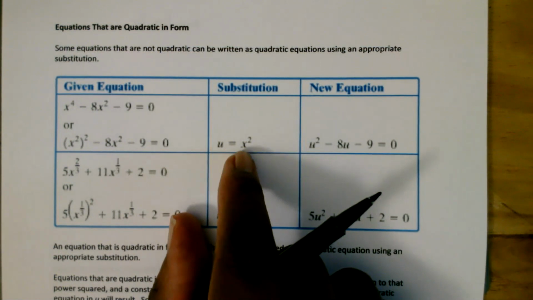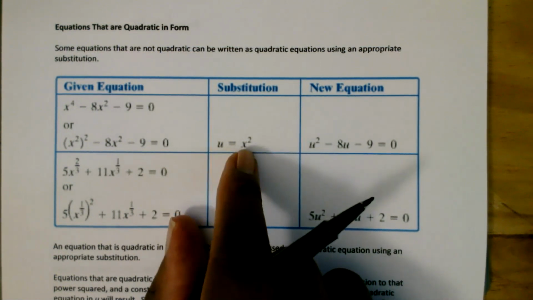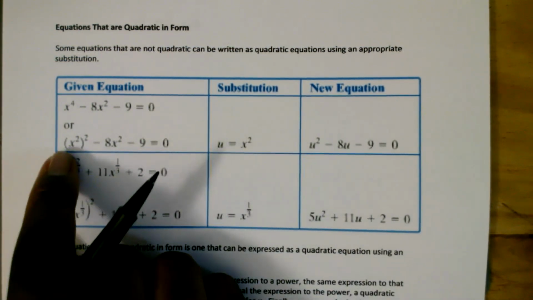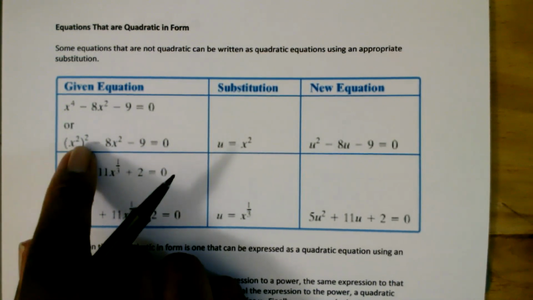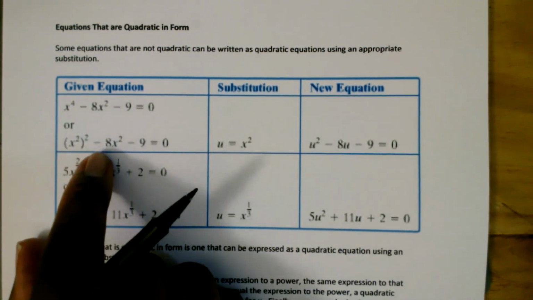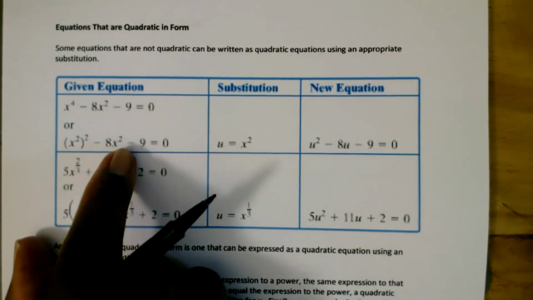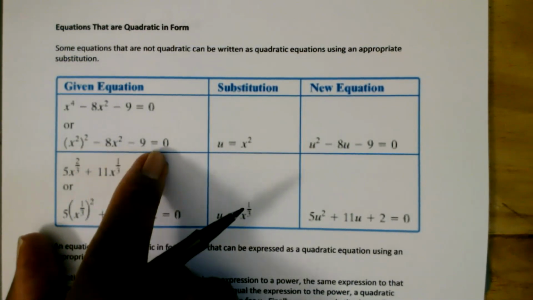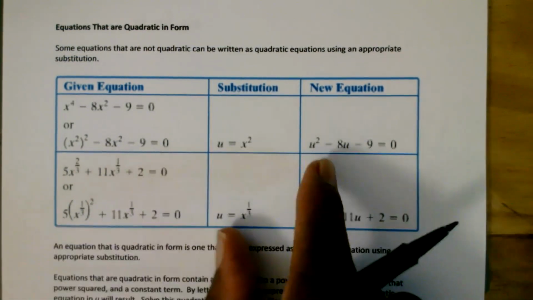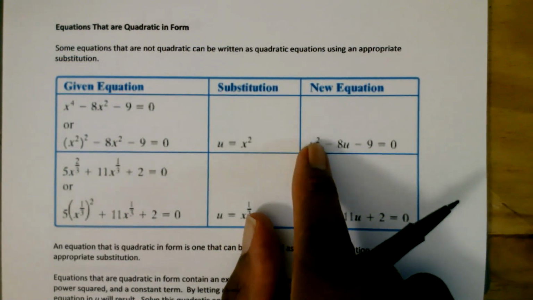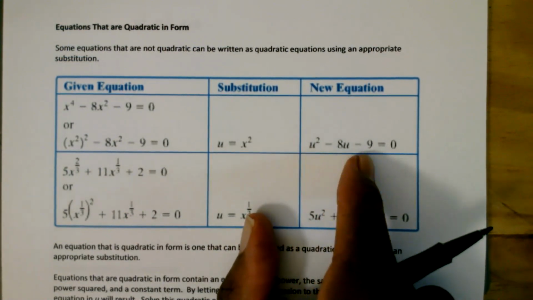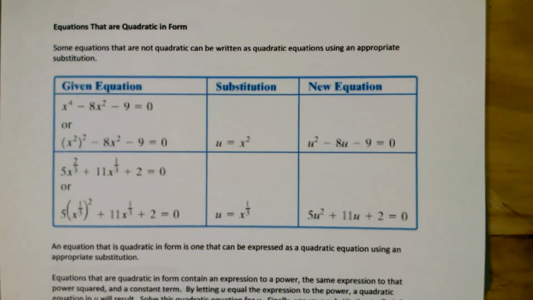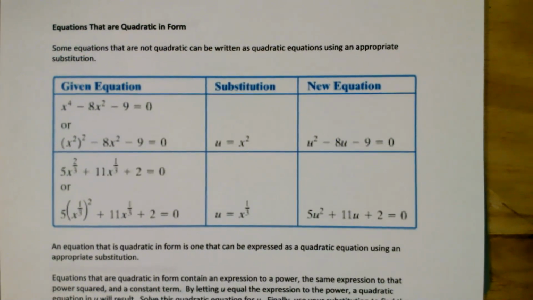An appropriate substitution for that would be something like this, using u is equal to x squared. And then you have something like this, x squared raised to the 2nd minus 8x squared minus 9 equal to 0. And then that new equation would be u squared minus 8u minus 9 equal to 0.